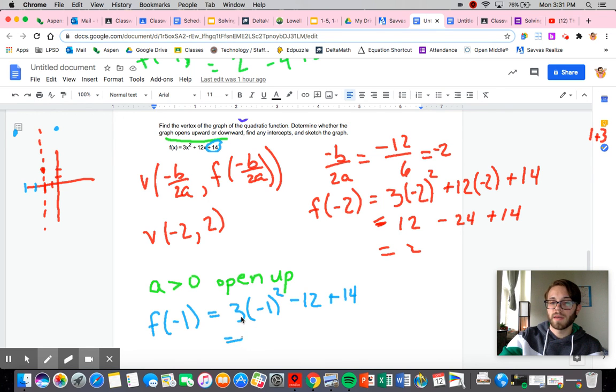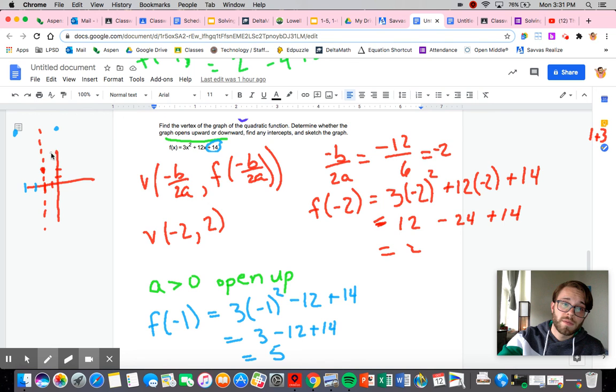And that's ultimately going to be negative 1 squared is still 1. So we have 3 minus 12 plus 14, which will be 5. Okay, so we know we have the point negative 1, 5.